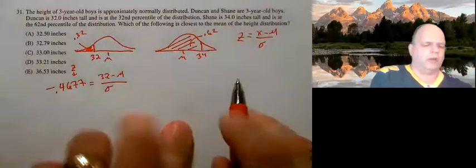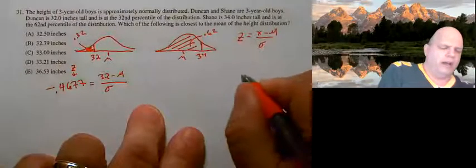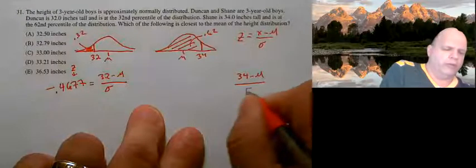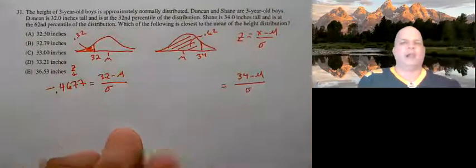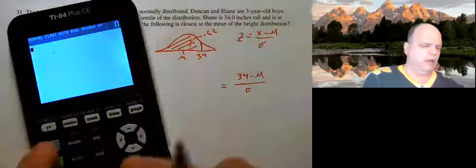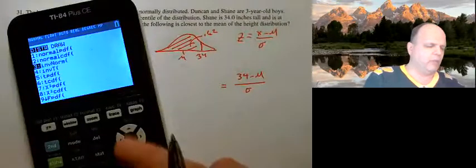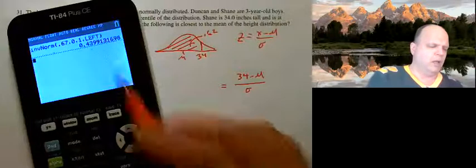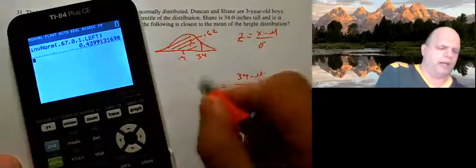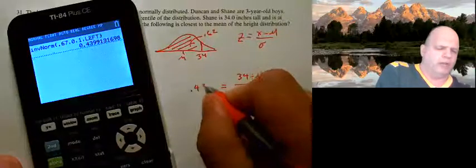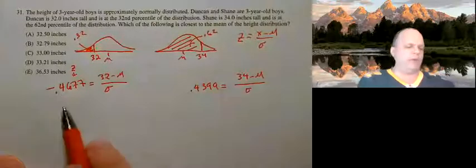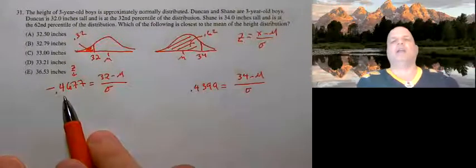If I do the same thing over here, I have 34 minus mu over the standard deviation. And second vars, inverse norm, 0.67. And I look and I have 0.4399 for my z-score. And it makes sense that I'd have a positive z-score because I'm over halfway, where here I'm below halfway. So I have a negative z-score.